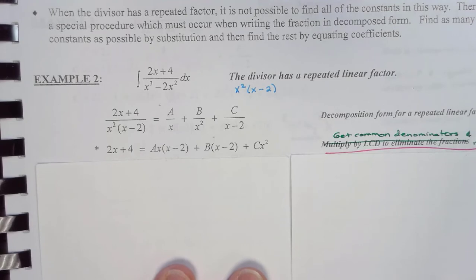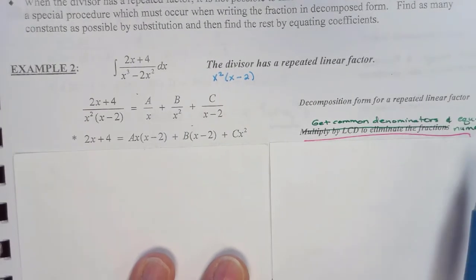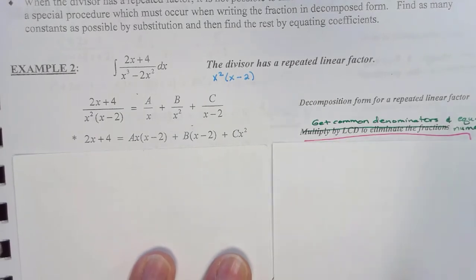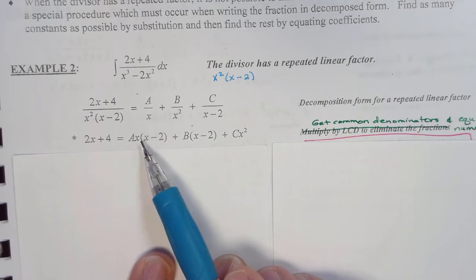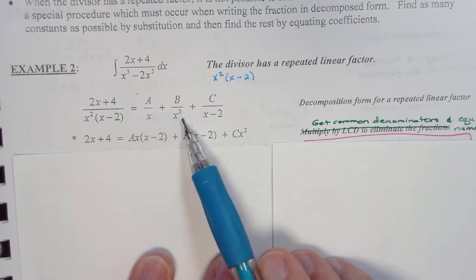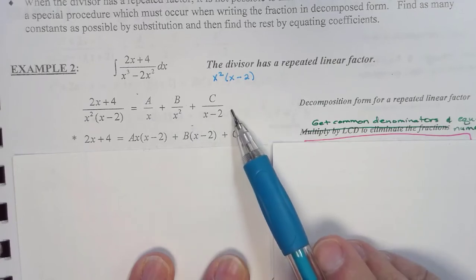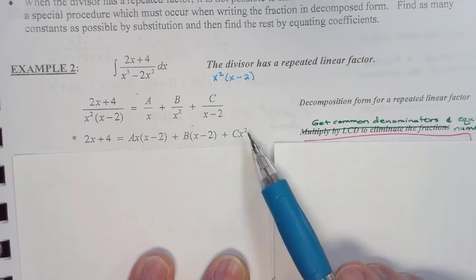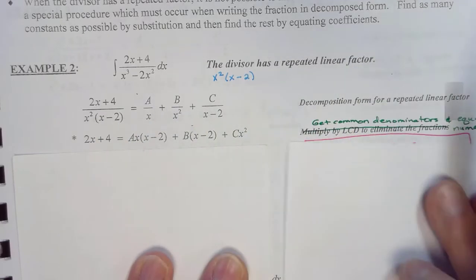And now we're going to do the same thing we did before, which is get common denominators and equate the numerators. Right? So my common denominators would be, I need x squared, so this fraction is missing the x times the x minus 2. This has the x squared, but it's missing the x minus 2, and this is missing the x squared. And so now I can just look at my numerators.